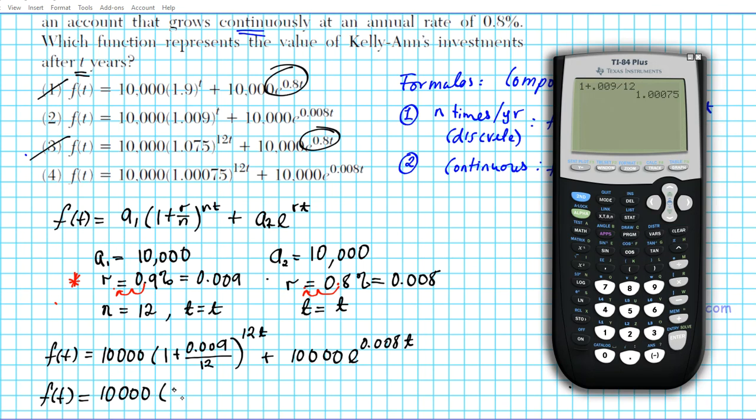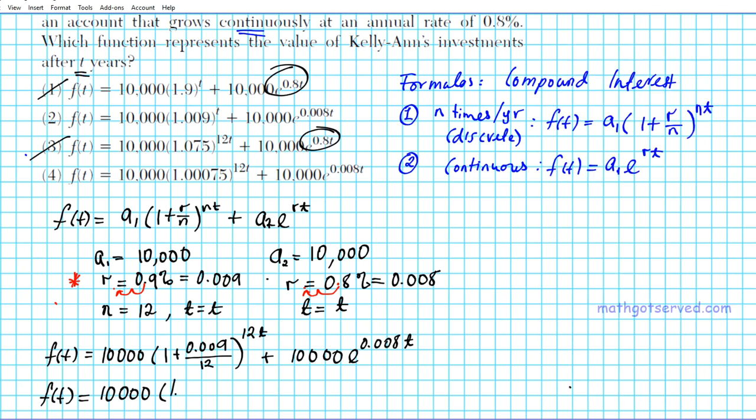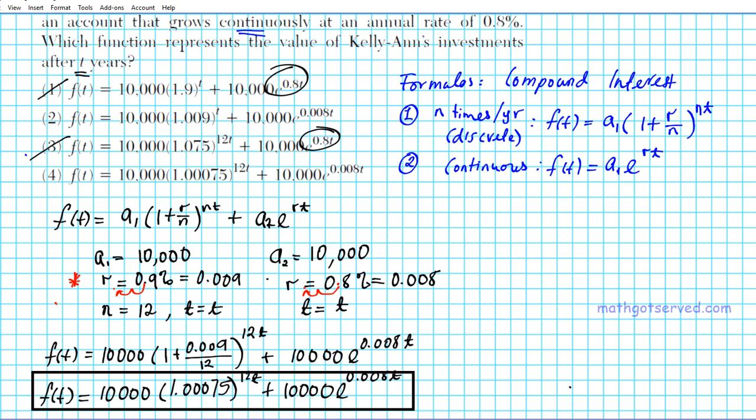Alright, so it's going to be 10,000 times 1.00075 raised to the 12t plus 10,000 e to the 0.008t. Ladies and gentlemen, can you see what the correct answer is? You can clearly see that the answer is option number 4. Okay? This is a combination of both discrete and continuous growth models.